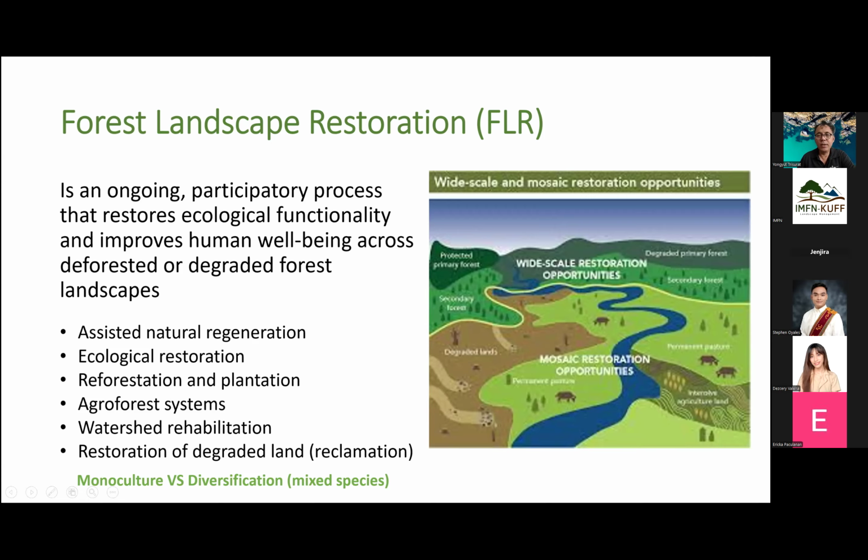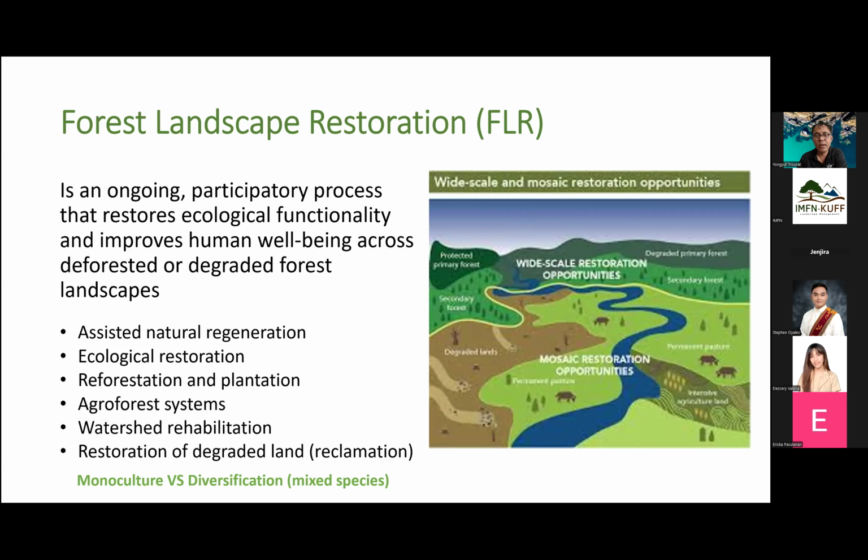So the picture on the right-hand side shows several conditions or stages of the forest area. Either the intact forest, where we don't do anything because most of it is already under protection.